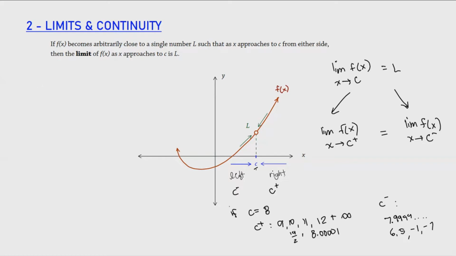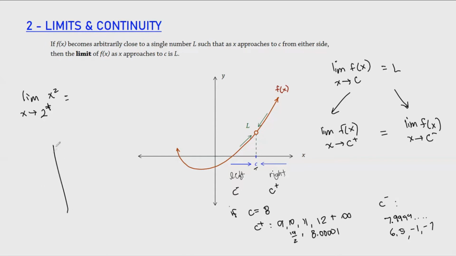And there are still limits na nag-exist by just having the right hand or left hand. For example, let's give an example, the limit of x squared as x approaches 2 from the positive side. So in this case, if we want to find the value, we are referring to the limit of x squared as x approaches 2 from the right side.